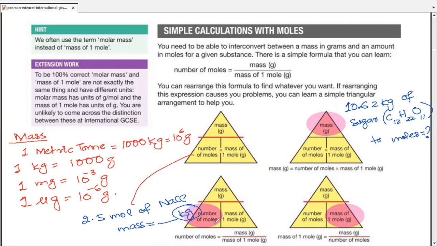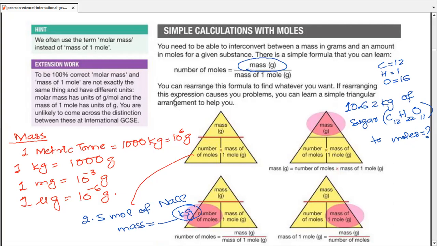Carbon is 12, hydrogen is 1, oxygen is 16. But I believe by now you're already familiar with hydrogen and oxygen since we are using them so much. Remember, this formula always asks you to convert everything into grams.